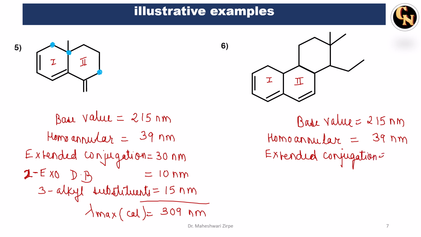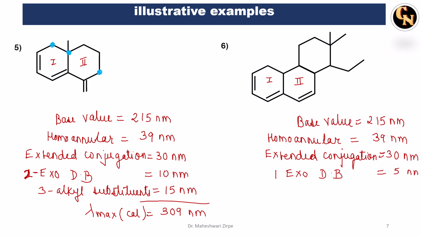We add 30, correct? So add 30 to it. Then what else? There is one exo double bond. One exo double bond, we are going to add 5 nanometer.